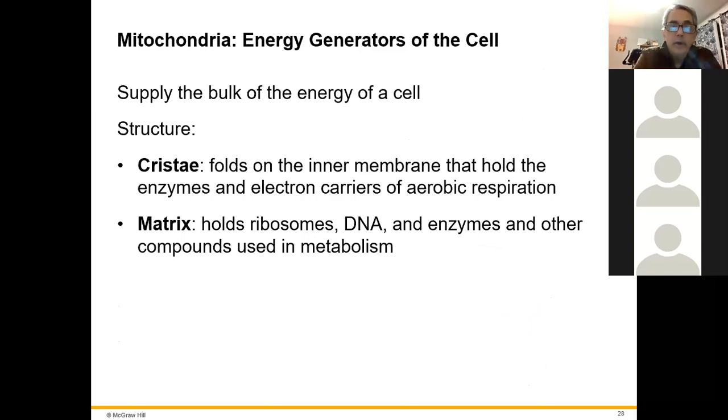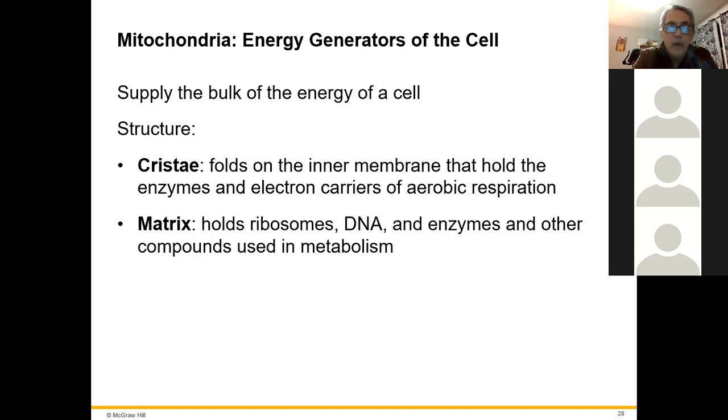The mitochondria that's found in our cytoplasm is a double membrane structure. We believe it originated from an ancient prokaryotic cell that then lost its ability to live independently. So the mitochondria supplies the bulk of energy for our cells.